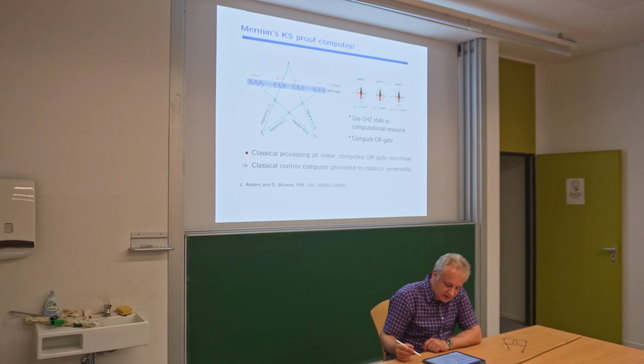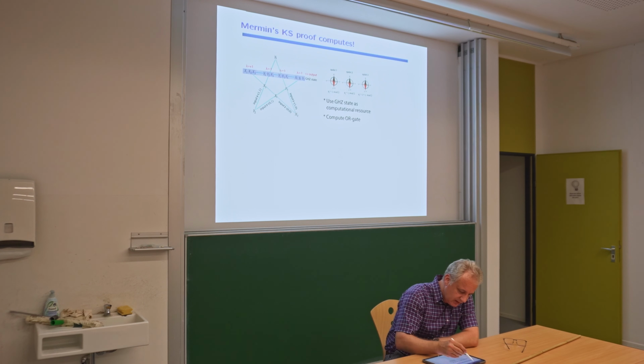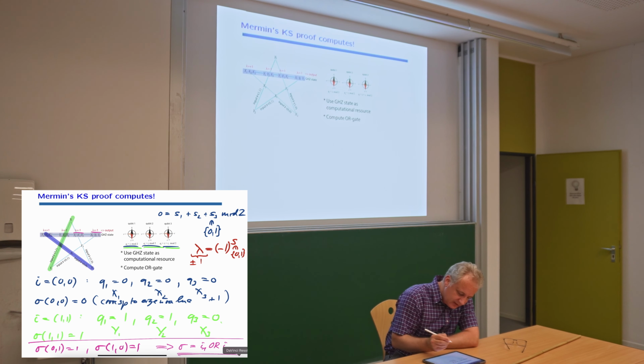So that's what's happening. Now maybe let's go through the various choices of input and see what this leads to. Maybe I'm doing 2 rather than 4 so that I can get through this in finite time. So let's say input is 0,0. Now I'm looking at these relations here.